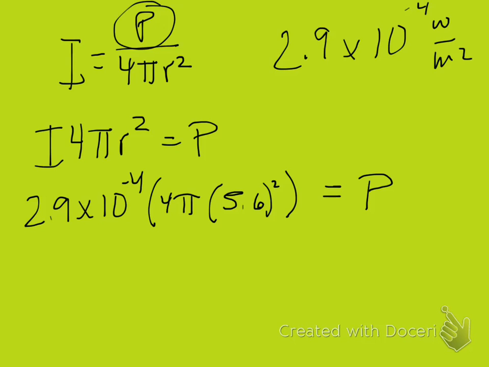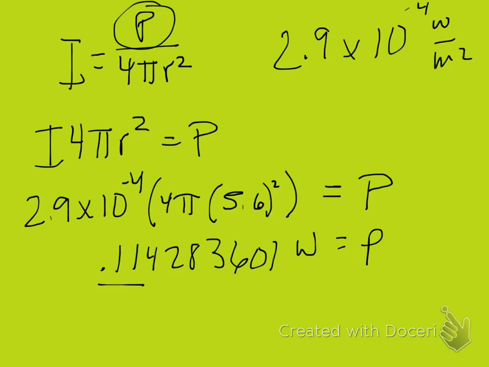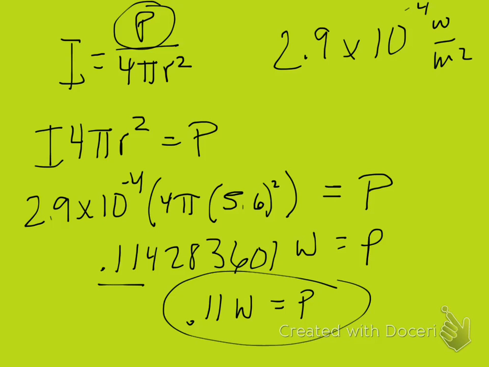It's just a habit of mine. So what this gives you is 0.11428361 watts as their power output. And that's got 2 sig figs, so 0.11 watts equals power. Pretty easy algebra, just people made silly mistakes or didn't understand the distance thing.